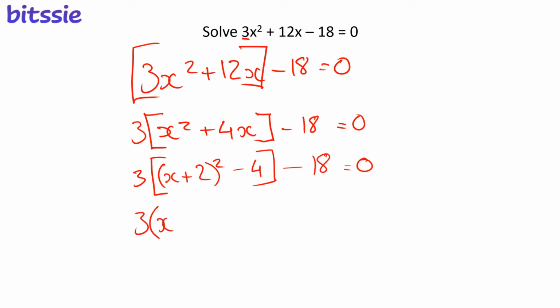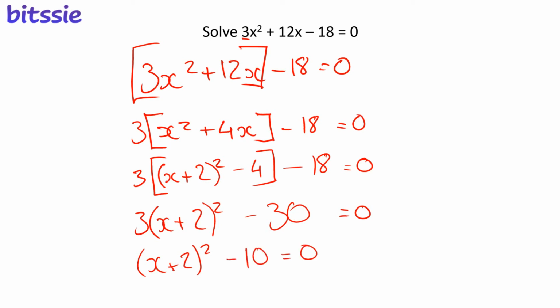Then we remove our square brackets, remembering to multiply everything by 3: 3(x + 2)² - 12 - 18 = 0. Then we can remove the minus 12 and minus 18, just make it minus 30. Divide both sides by 3, giving us (x + 2)² - 10 = 0.